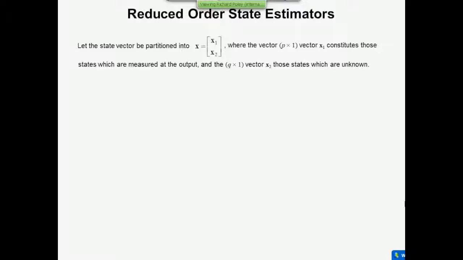The first thing that you need to do is to reorder the state vector so that the measured states appear in the first elements of X. So X1 is a partition of the state vector which is measured, and X2 is an unknown partition which we have to estimate. Now, you need to reorder the states to do that, usually, and that reordering can be performed by a matrix called a permutation matrix.